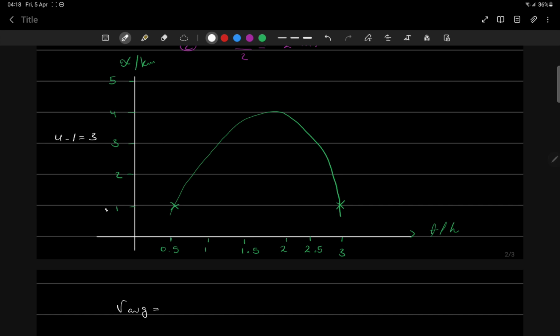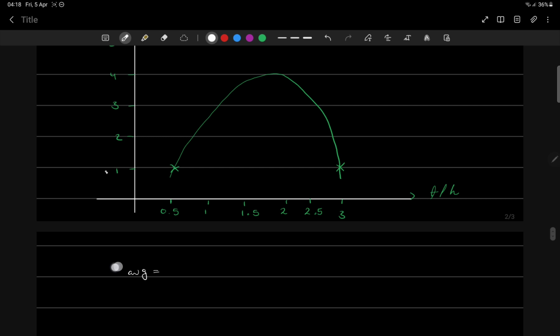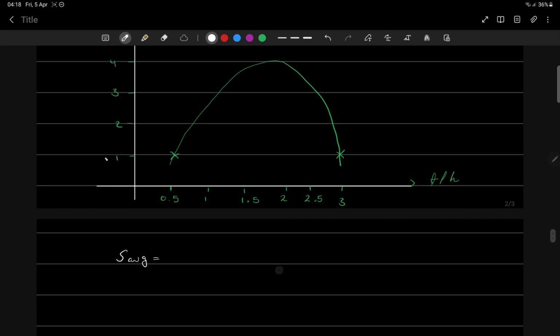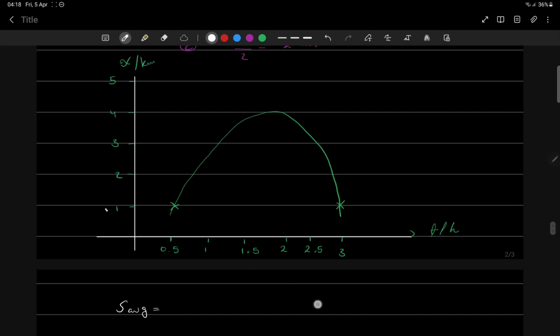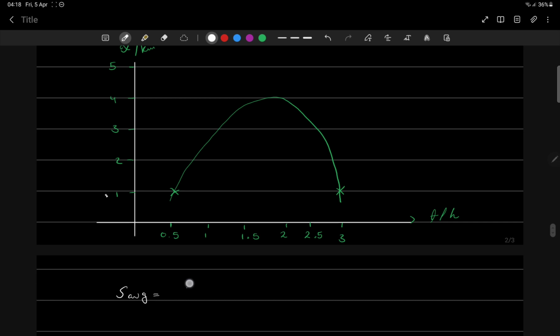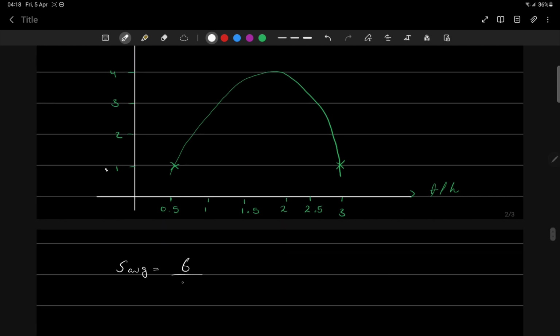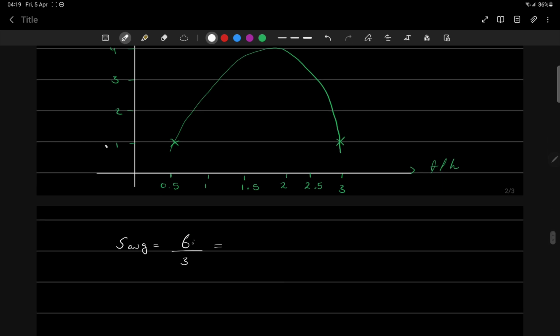And again from 4 to 1, it's 3. So this is average speed, not average velocity. The total distance that this person covered is 6 kilometers, and the time that he took is 3 hours. And so the average speed is going to be 6 divided by 3, which is 2 kilometers per hour.